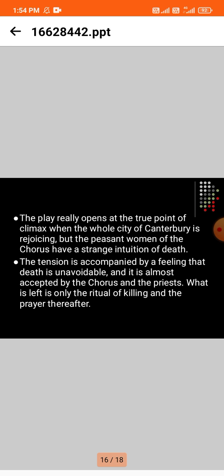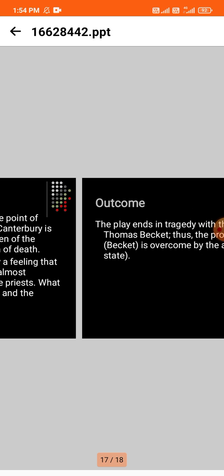The tension is accompanied by a feeling that death is unavoidable and is almost accepted by the chorus and the priests. What is left is only the ritual of killing and the prayer thereafter.